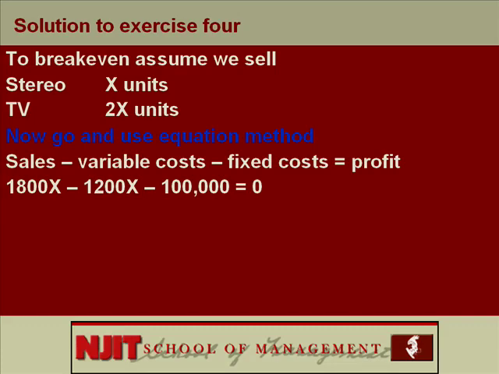Now, you'll think, well, how did I get 1800X for sales and 1200X for variable cost? I'll show you in a minute. But assuming that what we have in front of us is correct, solve for X: 167 units.